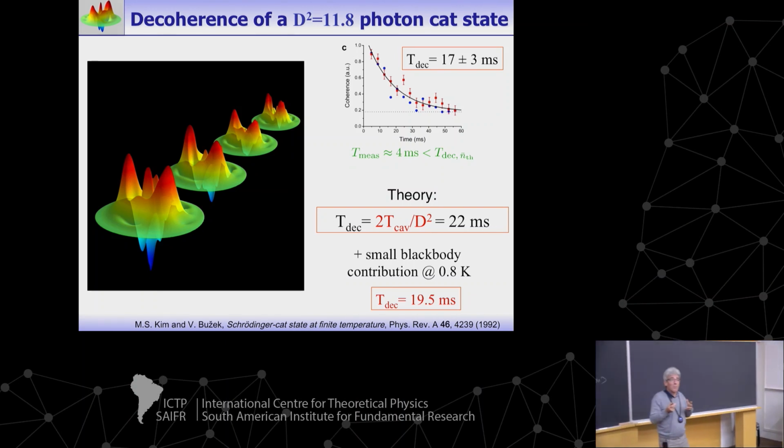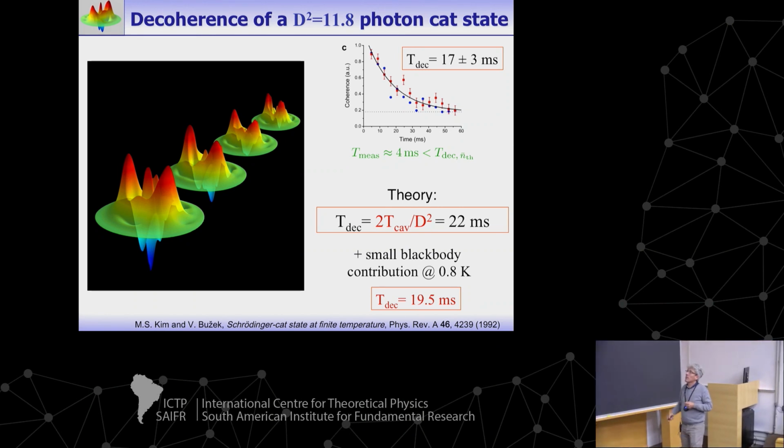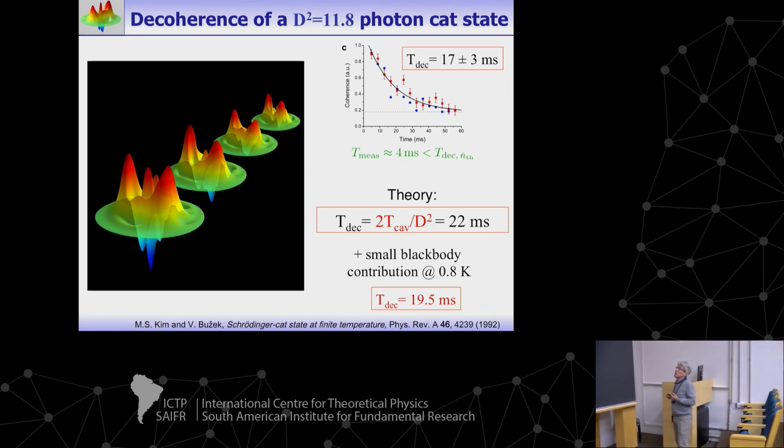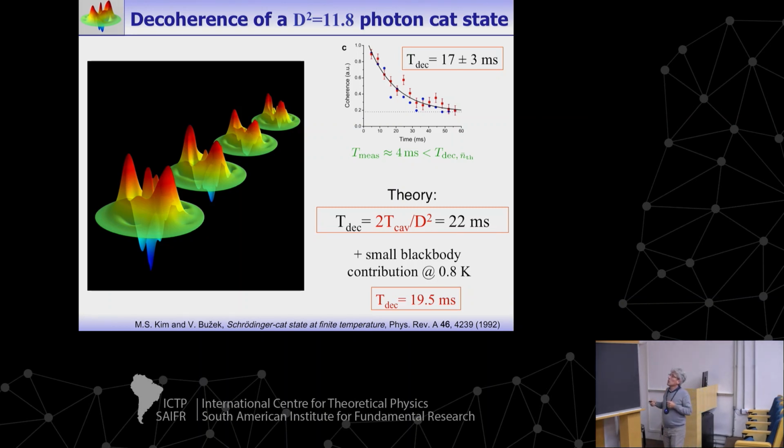So the simple model I presented gives the result, which is indeed a rigorous result, that the decoherence time should be 2 times the cavity damping time divided by the square of the distance between the two components of the cat.